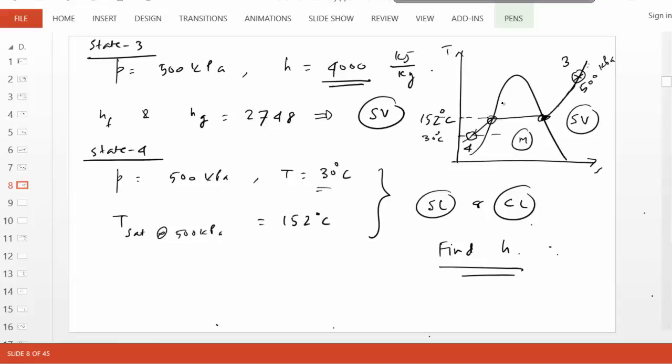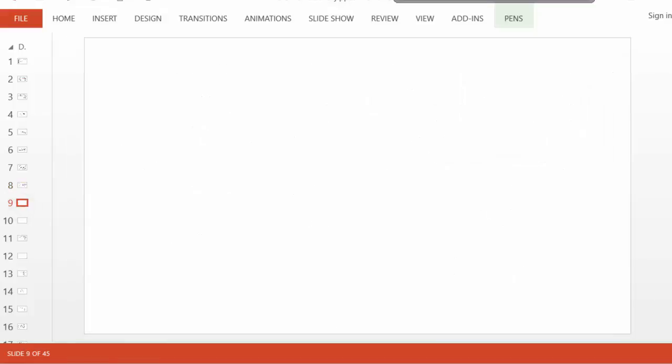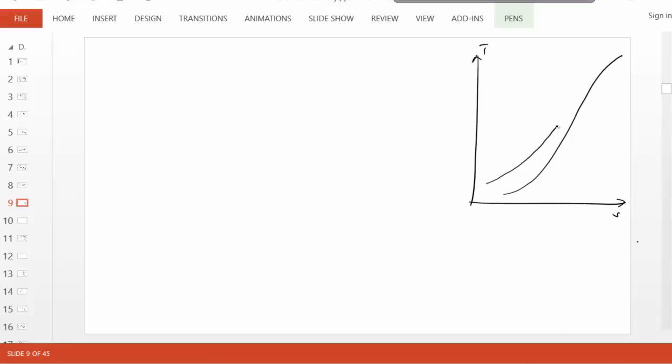Okay, we are going to zoom in on this part of the diagram and develop a new submodel. So let me just quickly draw the zoomed up diagram here. Again, this is T and this is S, and this is the dome, and let's say this is the constant pressure line, 500 kPa line, and this is our state.